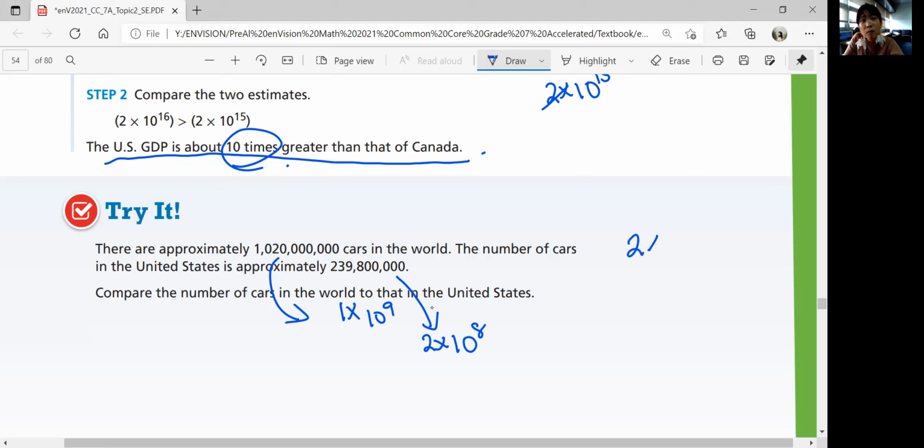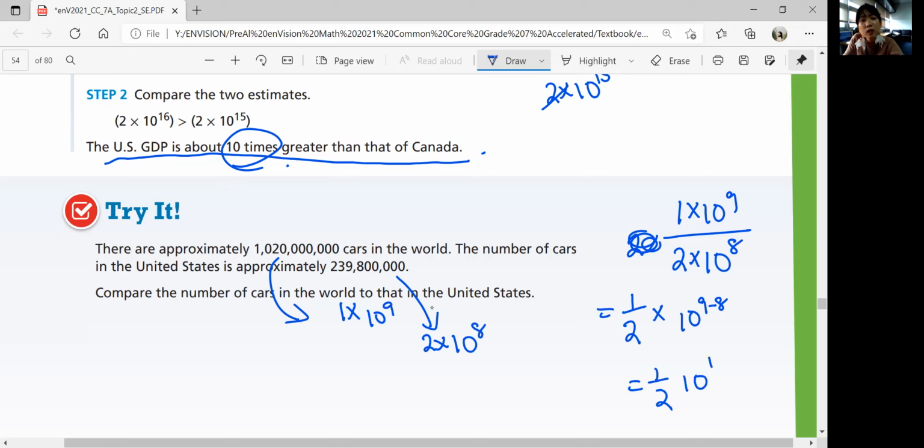You put the bigger number first on top of the fraction, the smaller number at the bottom, and you divide it. And so you have 1/2 times 10 to the 9 minus 8th power. Okay? Which is 10 divided by 2.